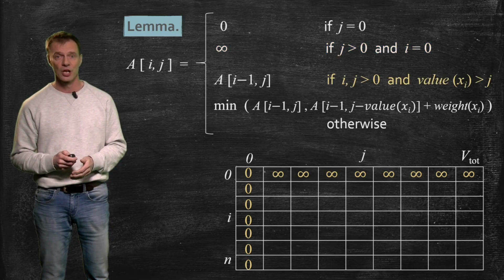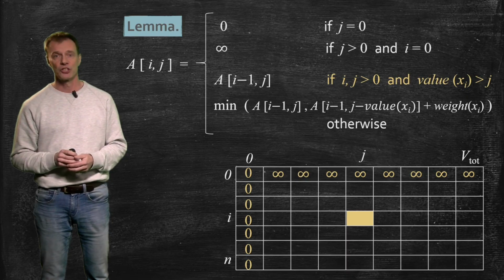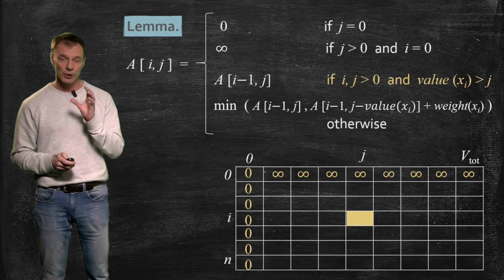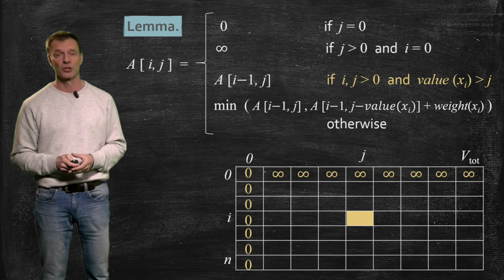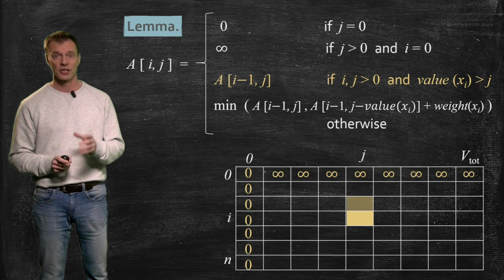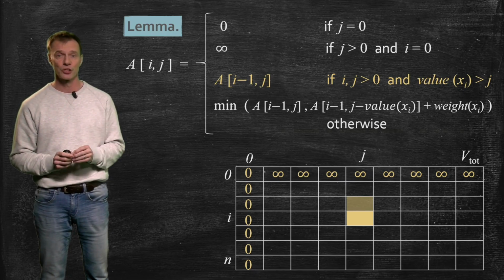So suppose I want to compute, like here, one of these table entries a_ij. If you look at the first of these two remaining cases, then what you see is, to be able to compute this table entry, I will need this particular table entry, right? I need the entry with the same value of j, but for i minus 1.